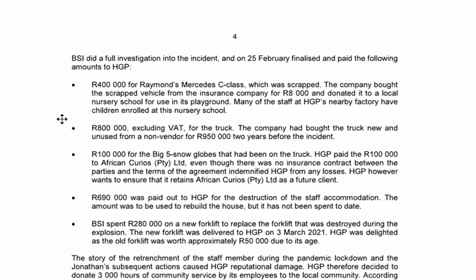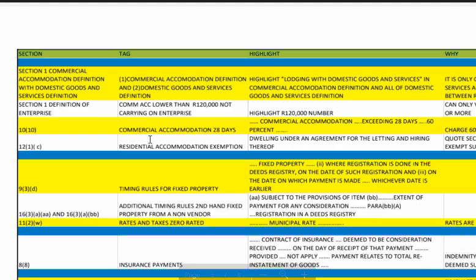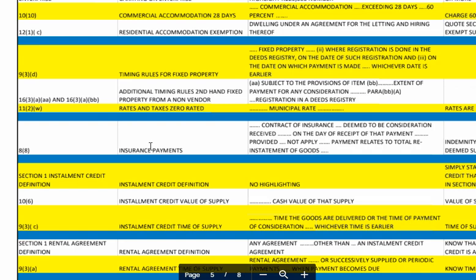First and foremost, there's a whole lot of insurance claims over here. So rather than repeating stuff all of the time, it's normally best in a question like this to state all of the laws up front. If you can't remember, and you've tagged your book properly using the tag sheet that I've given you, you can find section 8.8. The tag will say insurance payments.